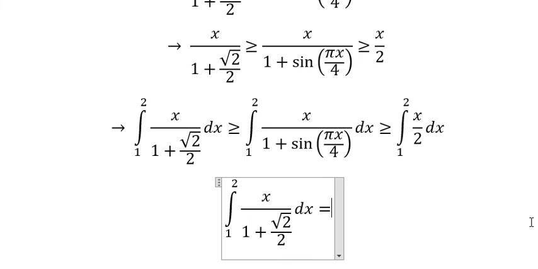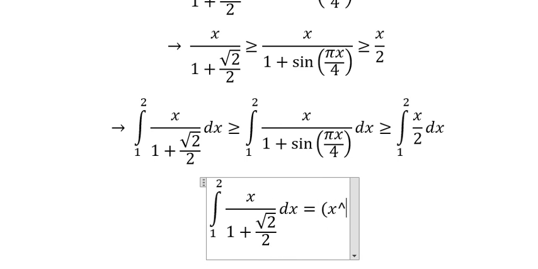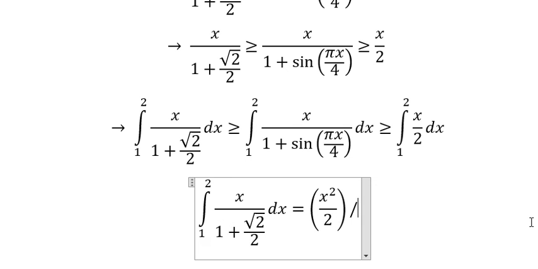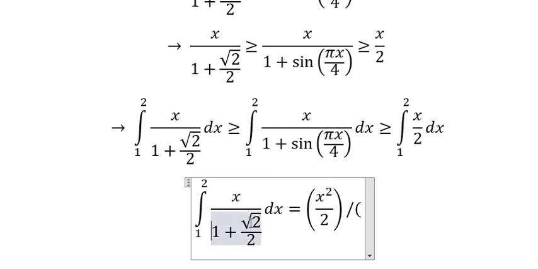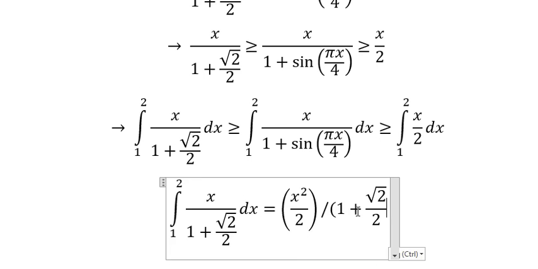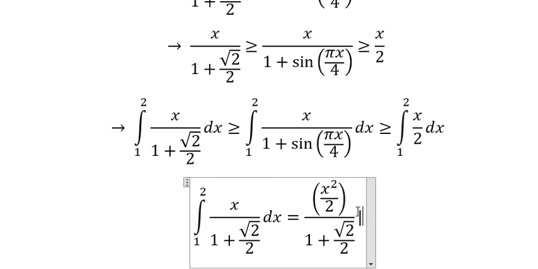The integration of s is s squared over 2, evaluated over this interval, and we have the bounds from number 1 to number 2.